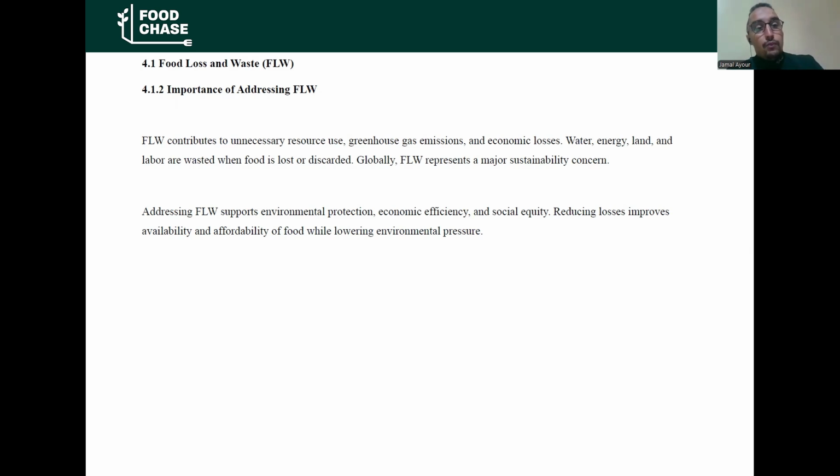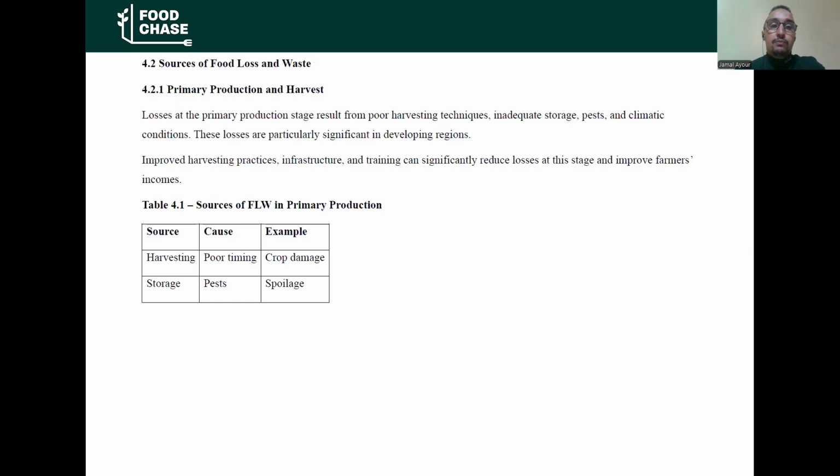Addressing food loss and waste supports environmental protection, but also supports creating a balance between the production and consumption of the product, and it encourages economic efficiency and social equity. Reducing loss improves availability and affordability of food while lowering environmental pressure.